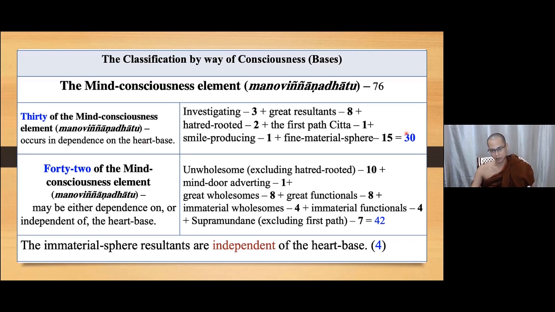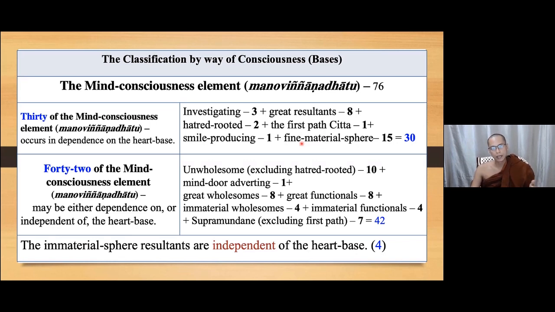There are the 13: investigating 3, great resultant 8, and hatred 2. So hatred 2 and the path-fruit part, the stream-entry path 1, and the sense-sphere... altogether 30 consciousnesses. Whenever they arise, they need the heart base to depend on.